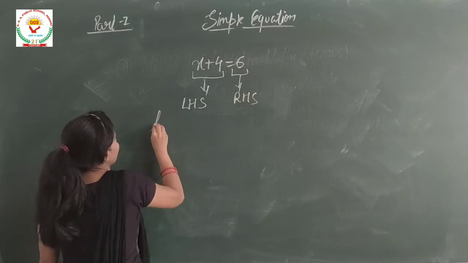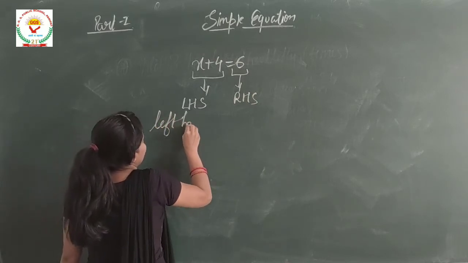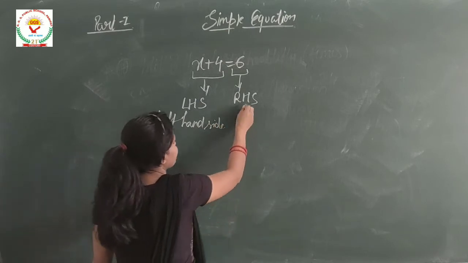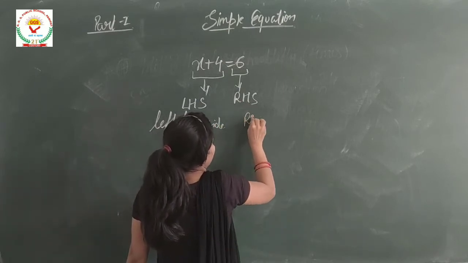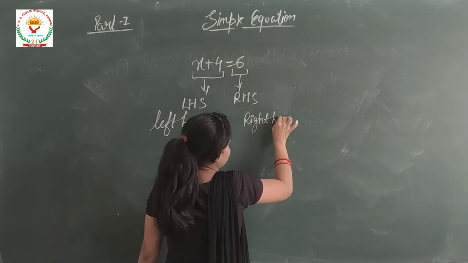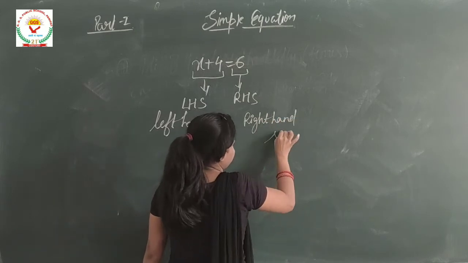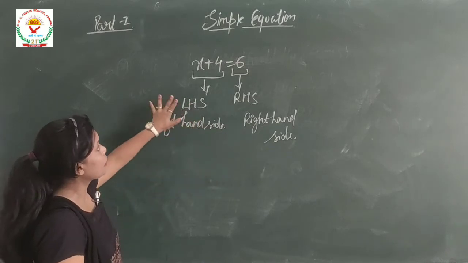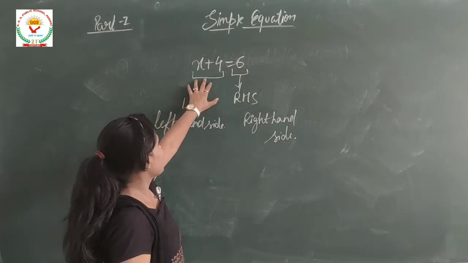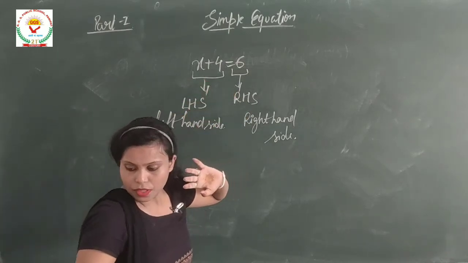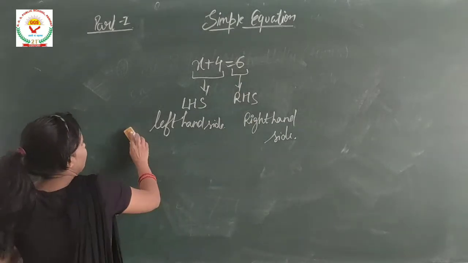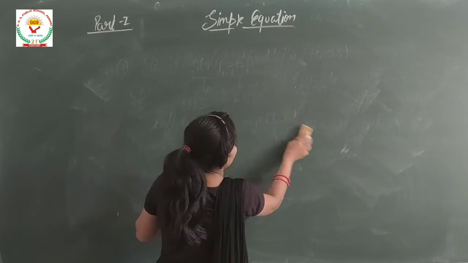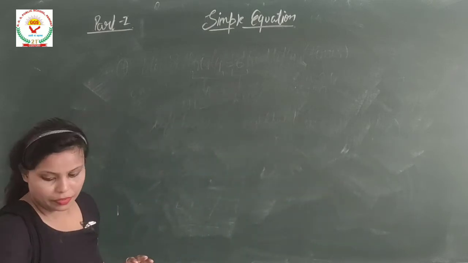LHS means left hand side, and RHS is right hand side. Now we know that the equation consists of two sides. Now we will study how to form an equation from a statement.